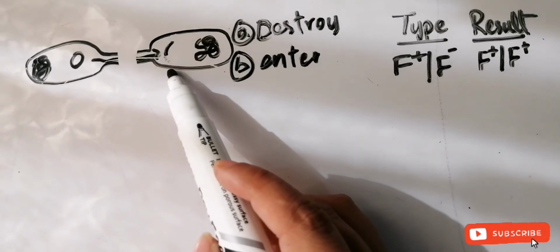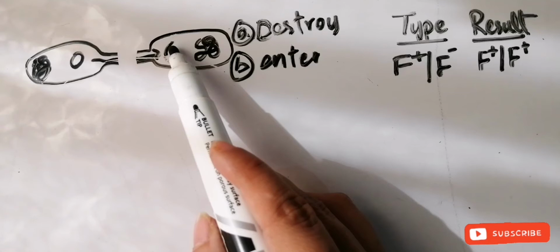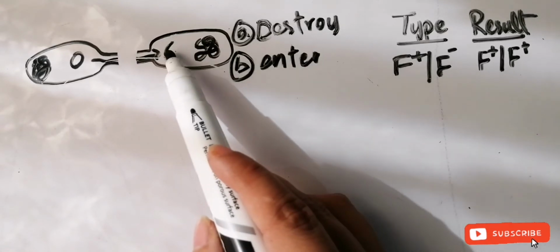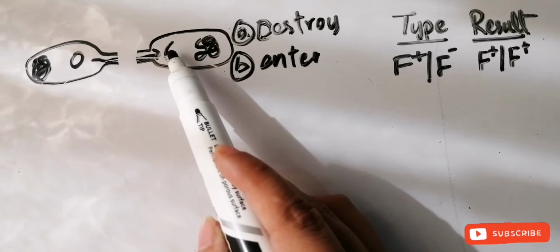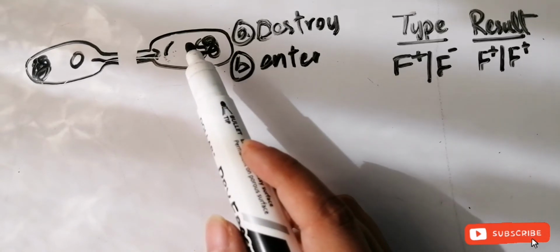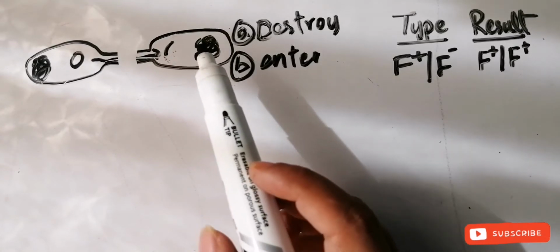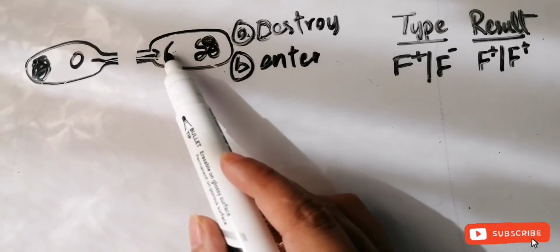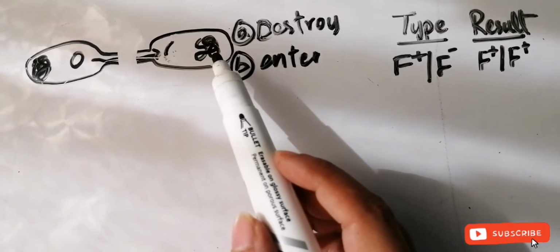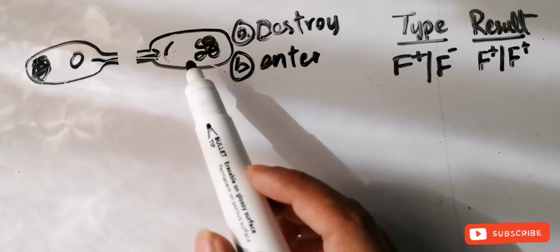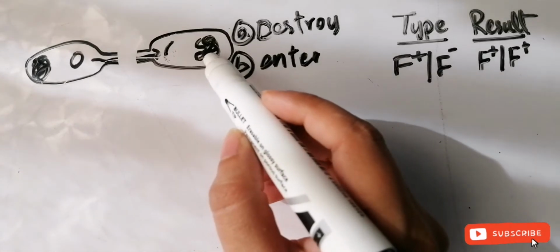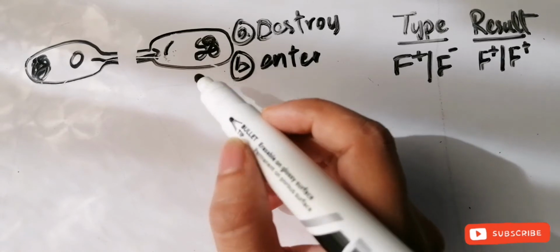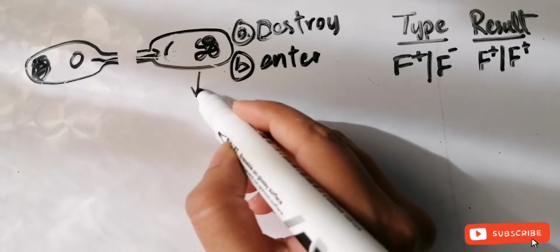The bacteria that has this new segment of plasmid may destroy it with the help of nuclease enzymes, or it may try to adjust into the bacterial chromosome through the process of homologous recombination. So it may be destroyed, or it may be integrated into this chromosome. If it is integrated, what would the condition look like?